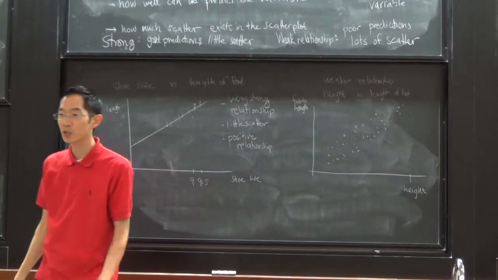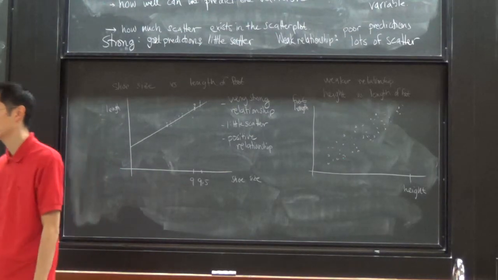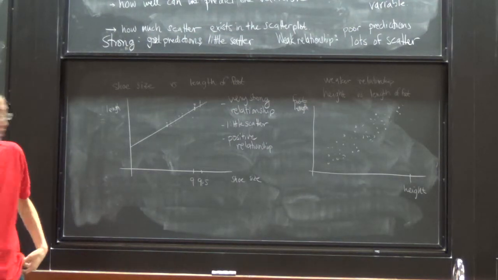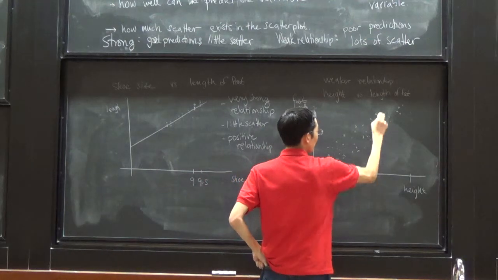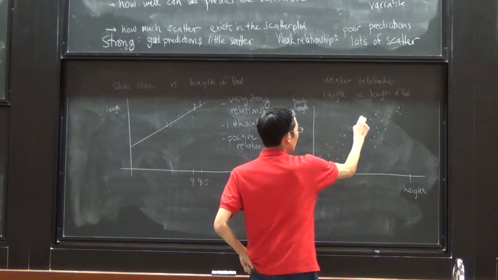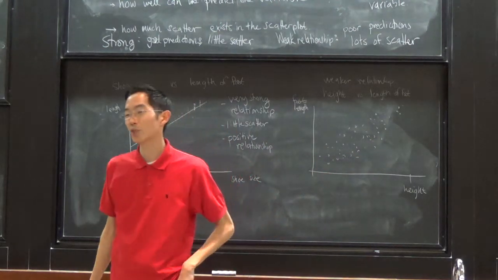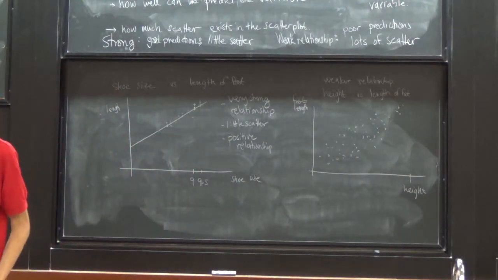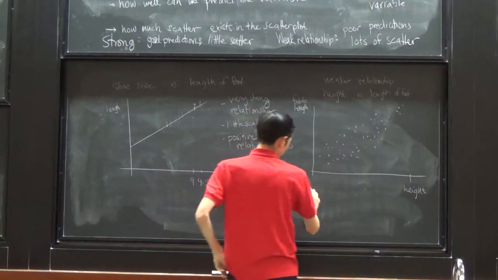You will have some short people with relatively large feet. You can take two people that are the same height, and one person's foot could be much larger than the other person's foot. But overall, we will see a trend where taller people tend to have larger feet than shorter people. Okay, so this would be positive and a weaker relationship.